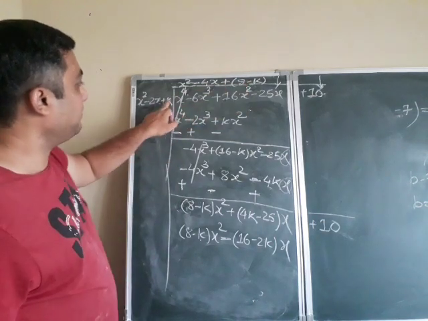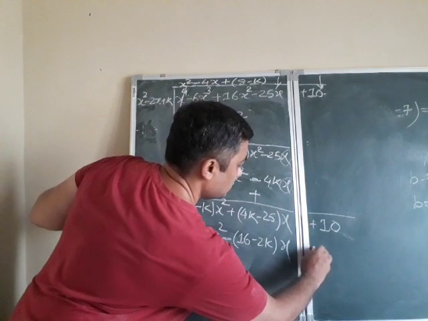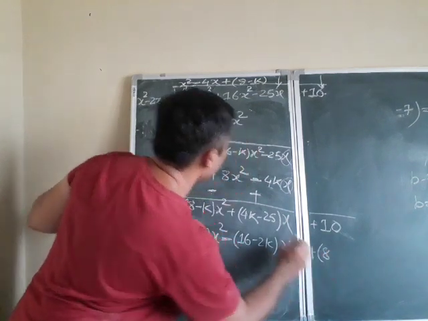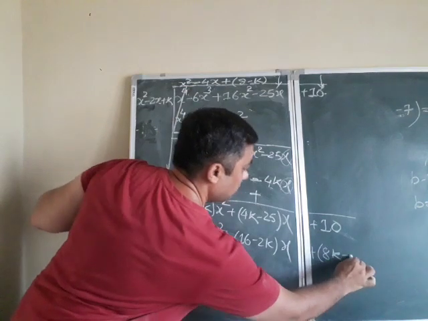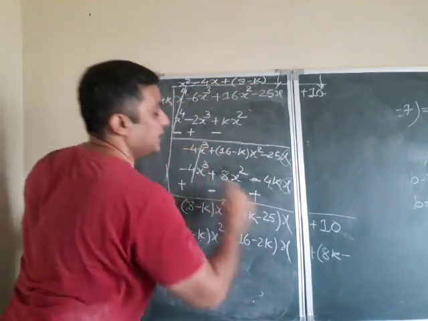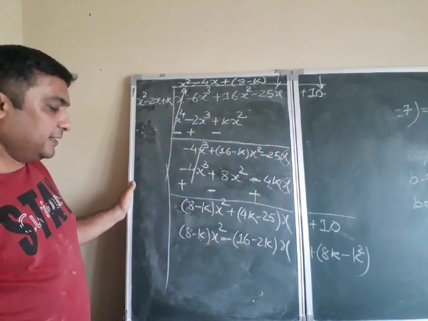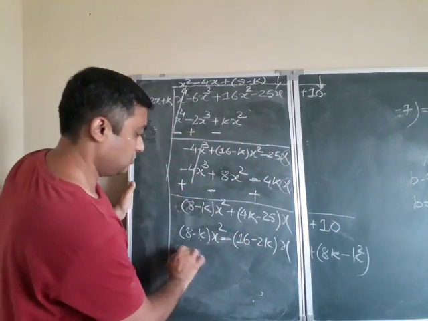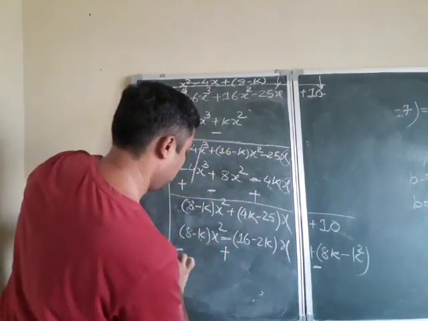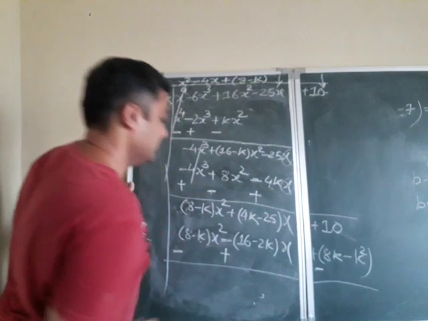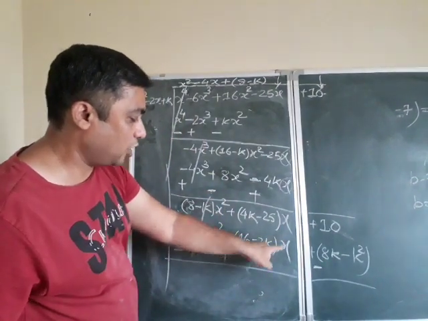Now this you can multiply here. So 8 minus k into k plus 8 minus k, sure, 8k minus k into k square. Now minus, this would be a plus and this would be a minus. Cancel. Fine. Now see here again x is common.